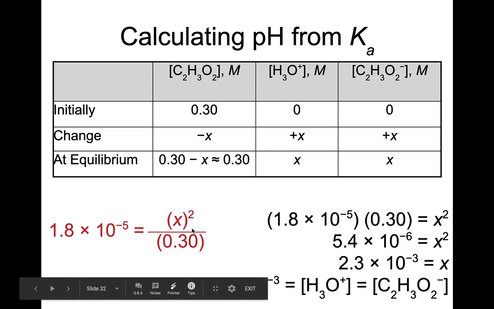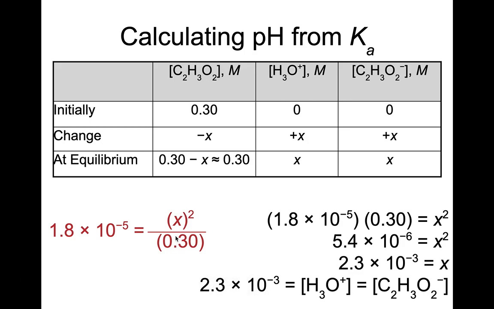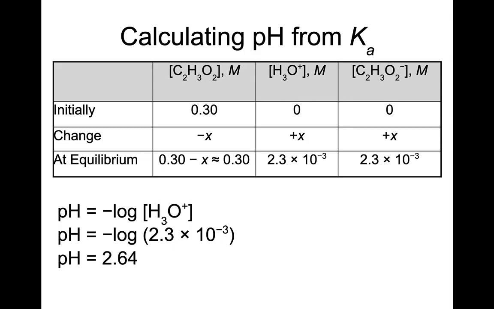We would have had x squared on top still, but 0.3 minus x on bottom, and we still could have solved that as we did last unit with the quadratic equation. So if you want to prove this to yourself, go ahead and set that up and solve for x under those conditions and compare your answers.